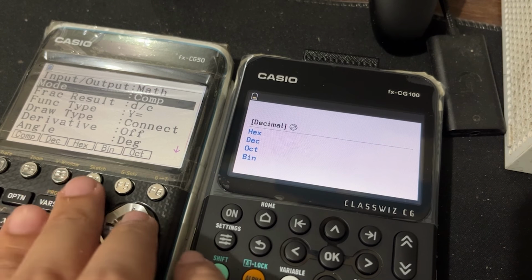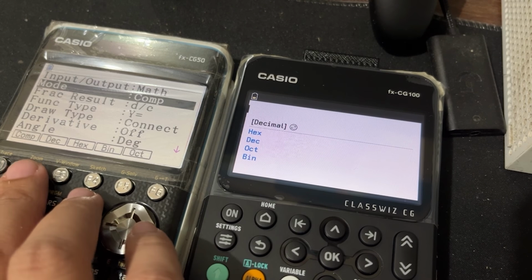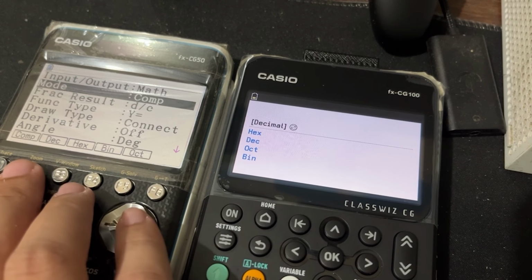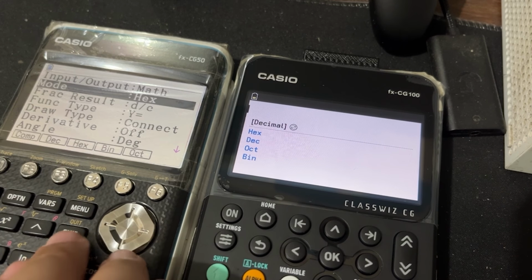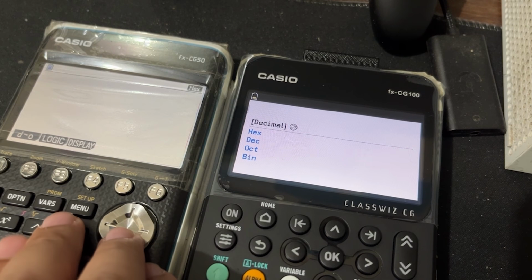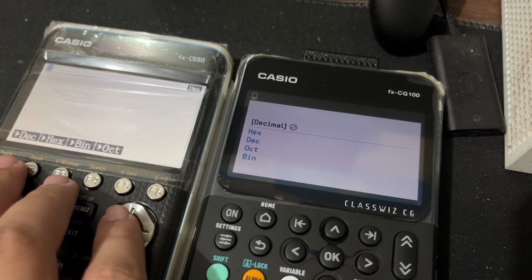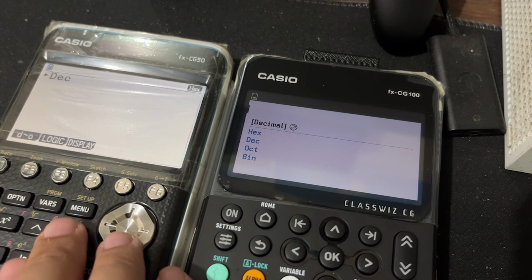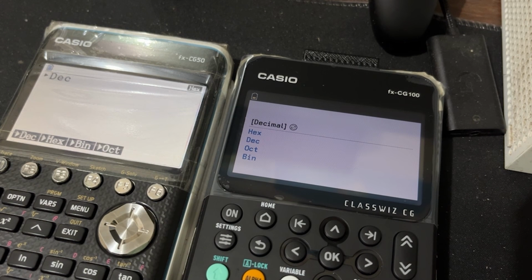This one is very complicated, with decimal, hex, bin, octal, hexadecimal for sure, logic, display, decimal point. So it's more complicated than that.